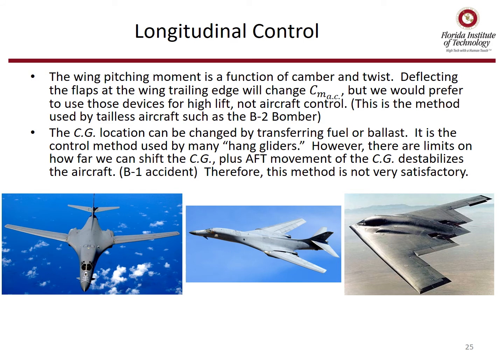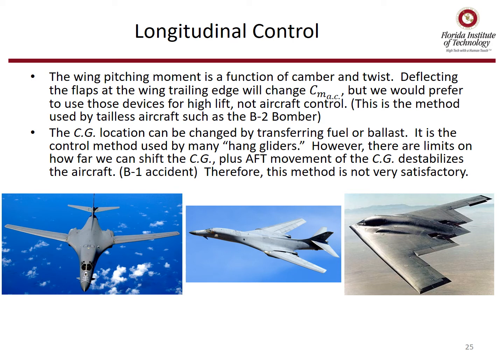The wing pitching moment is a function of camber and twist. And yes, we can deflect the flaps at the wing trailing edge, or we can deflect leading edge slats, and we can change the coefficient of moment at the aerodynamic center, but we prefer to use those devices for high lift, not aircraft control. On the other hand, if your aircraft is tailless, like the B-2, you have to do something with the main wing for control.